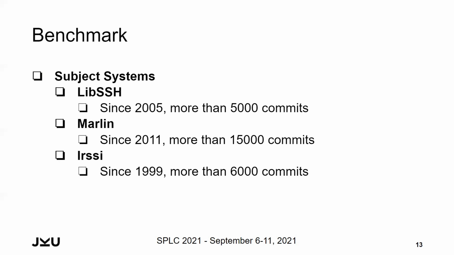The Marlin system is a variant-rich open-source embedded firmware for 3D printers created in 2011 and with currently around 15,000 commits. The ERC system is an internet relay chat client for Linux with around 6,000 commits since 1999.